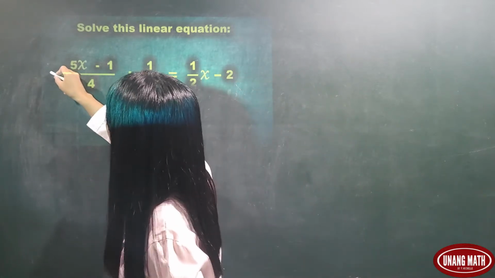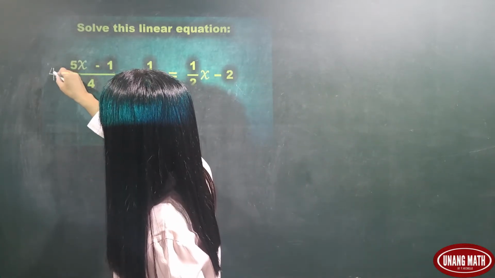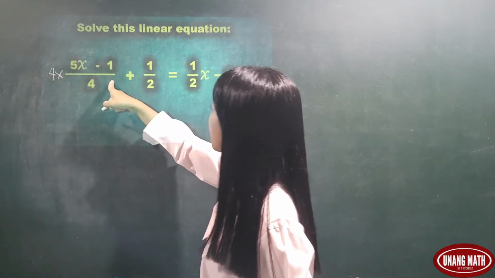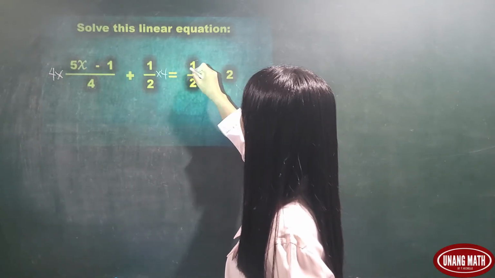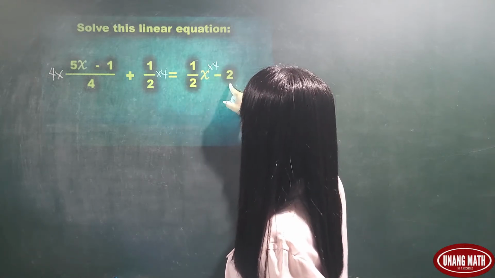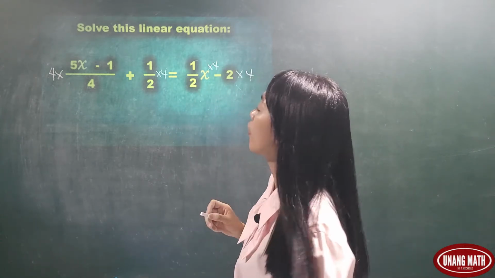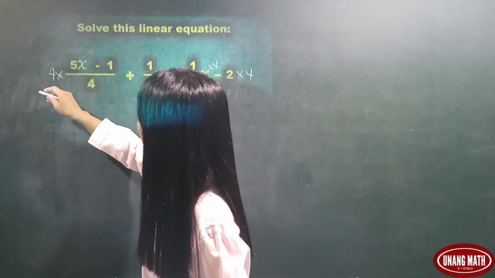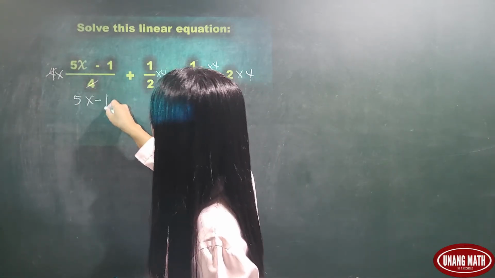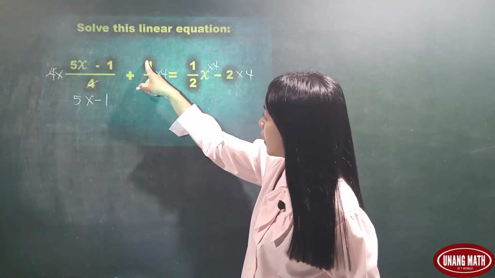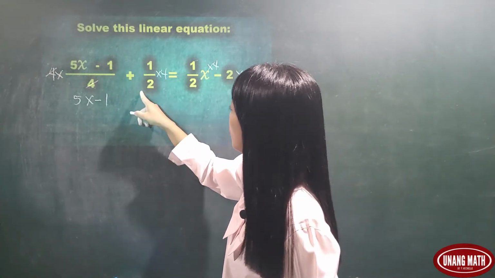So this is times 4. So 4 times this term, 1/2 times 4. This is also times 4. And this is also times 4. If we simplify, we just have here 5x minus 1. Here, 4 divided by 2, so this is 2.